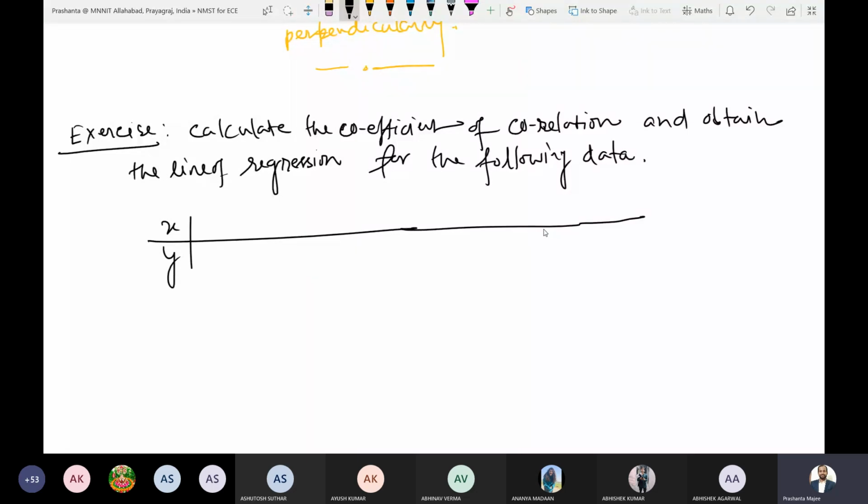Nine data points are given: x is 1, 2, 3, 4, 5, 6, 7, 8, 9, and the corresponding y values are 9, 8, 10, 12, 11, 13, 14, 16 and 15.